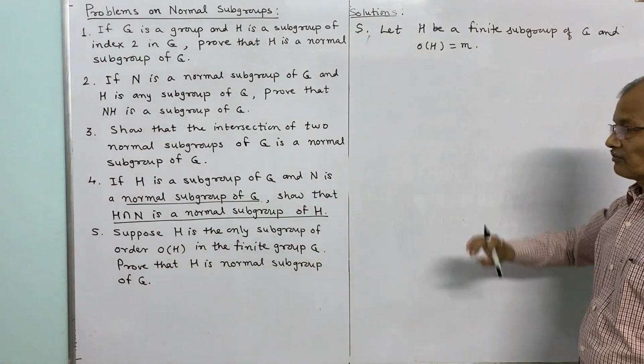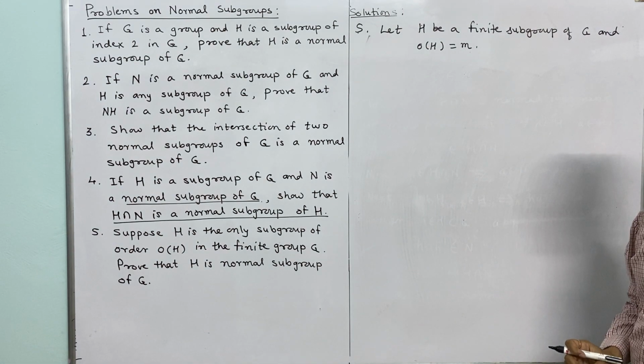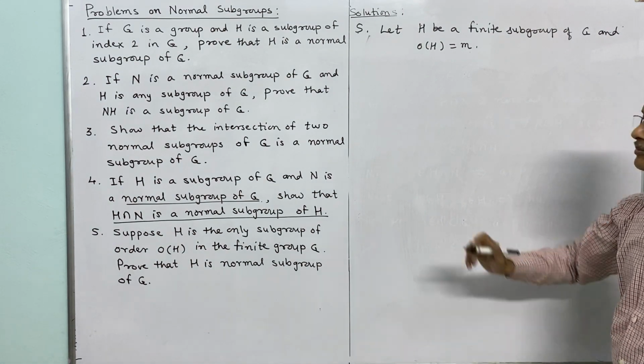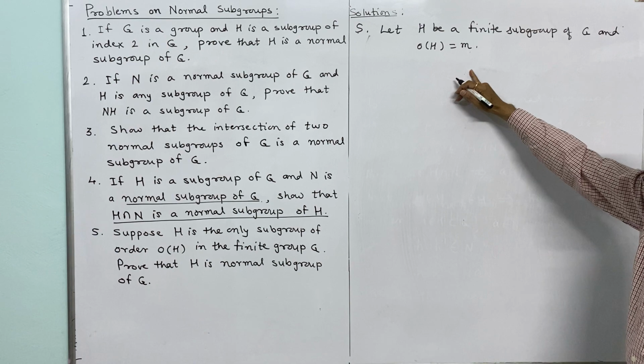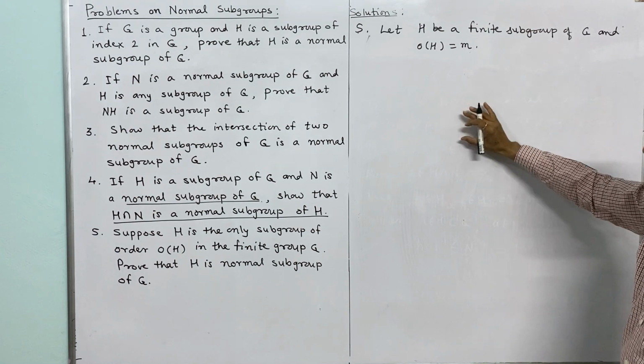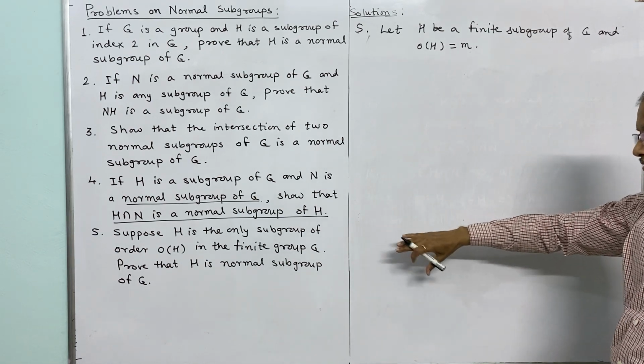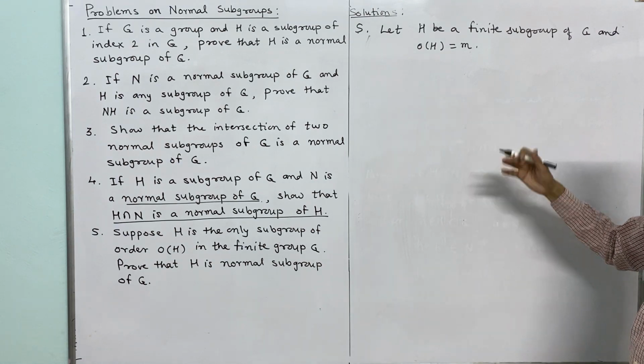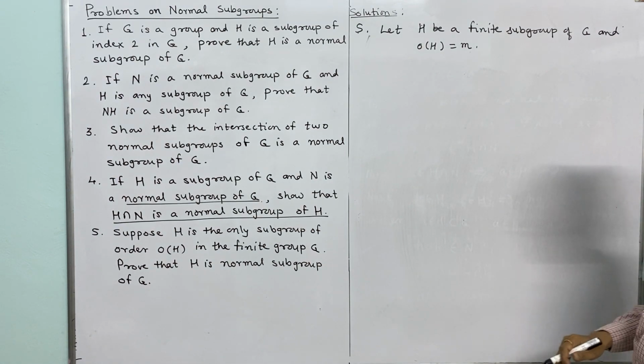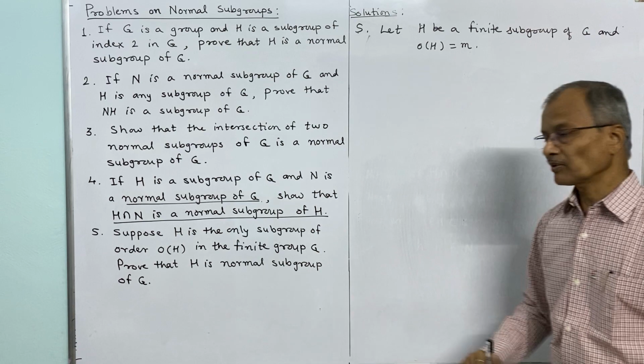Order of H means the number of distinct elements in H, that is given as M, and it is the only subgroup of G. G doesn't have any other subgroup. Then what we have to prove is H is a normal subgroup of G.